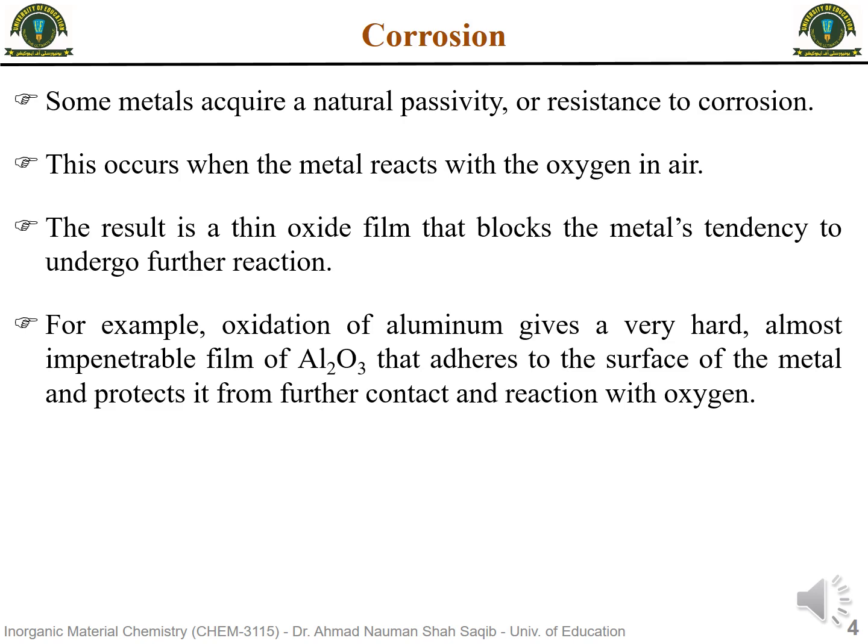So that thin layer of aluminum oxide is actually formed on the surface of the metal, and it protects it from further contact and reaction with the oxygen. So due to the formation of that layer of aluminum oxide on the surface, जो नीचे वाली surface होती है that doesn't react and mostly ये corrode नहीं होती, it remains safe from the corrosion.